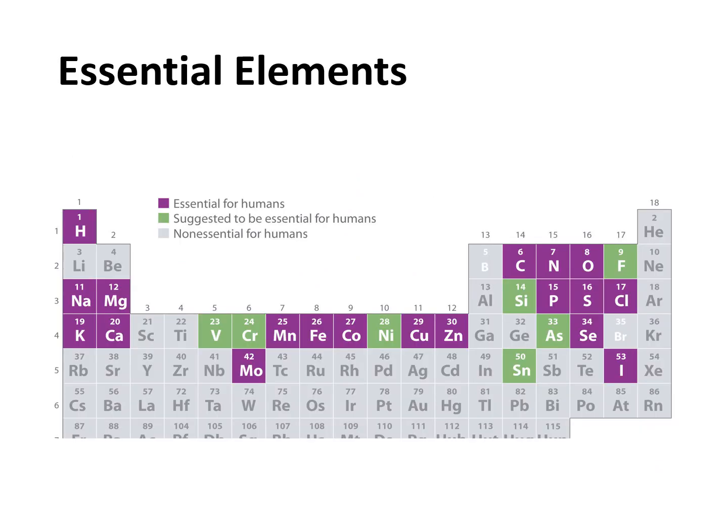So when you look at the periodic table, which is the way that we organize the elements so that we can have some understanding of them, this is a physiology version of it. And although all of the main elements are listed on this periodic table, what we're focusing on is the elements that are essential for humans, those that are in purple, the ones that are suggested as essential for humans, and then the ones that are non-essential.